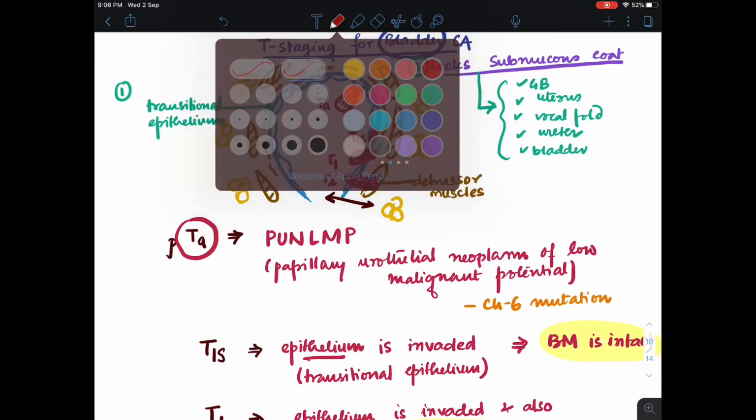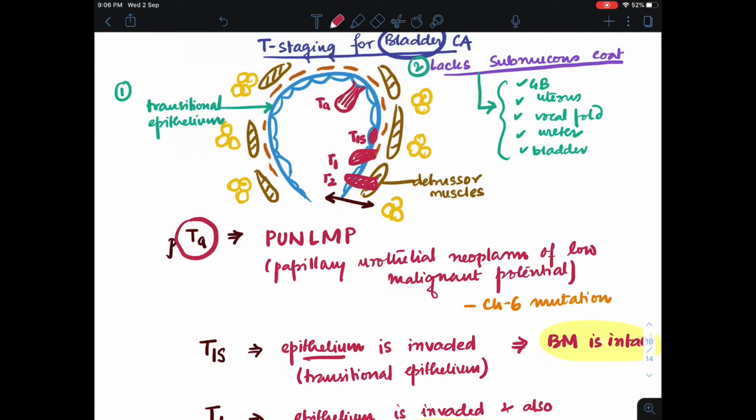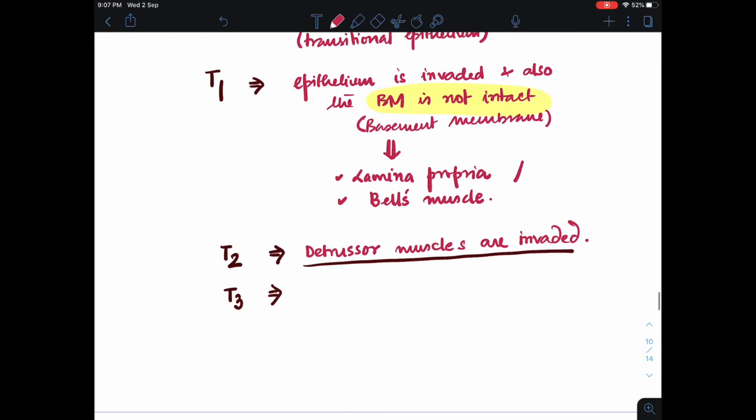When the cancer goes to the fat or adipose tissue, we consider it as T3. That is, in T3 the perivesical fat is involved.